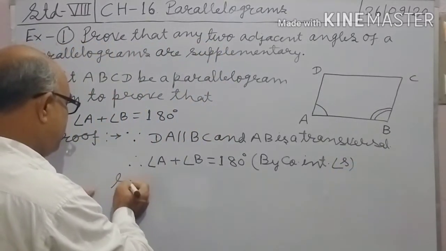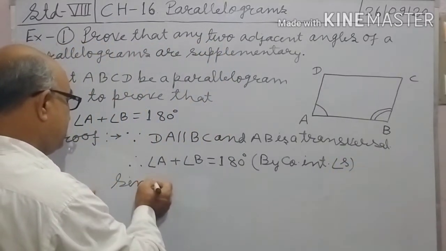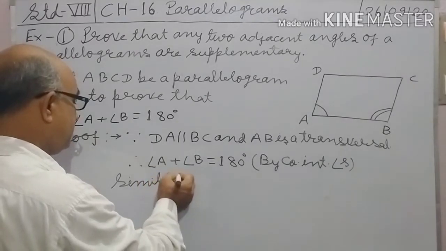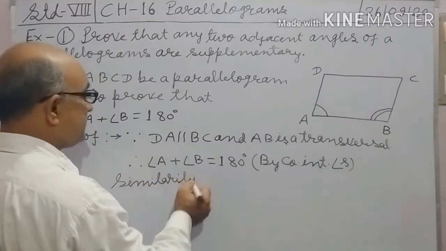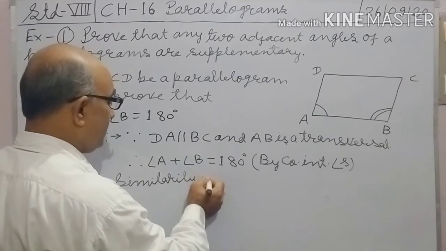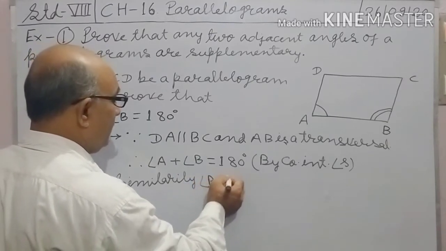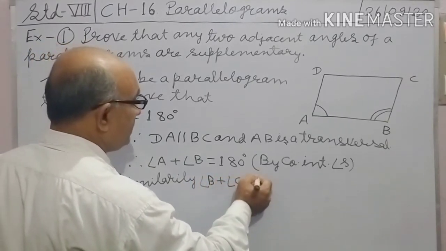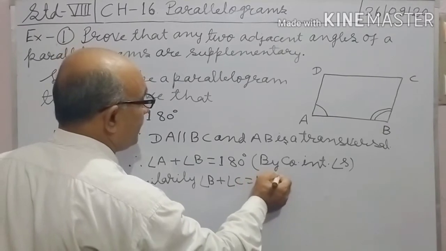Similarly, angle B plus angle C equal to 180 degree.